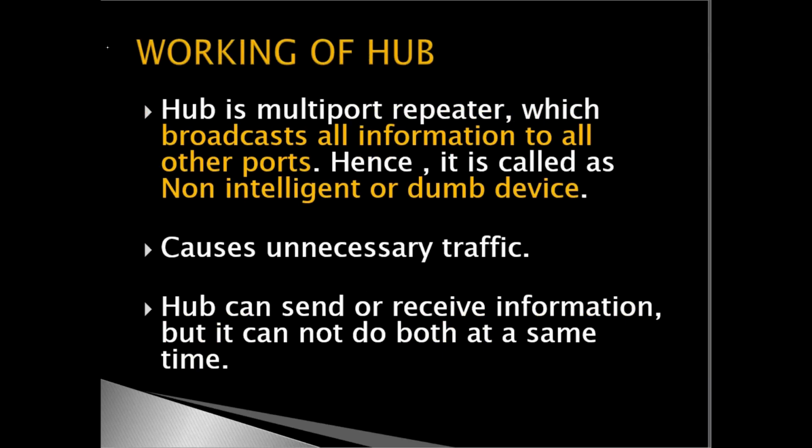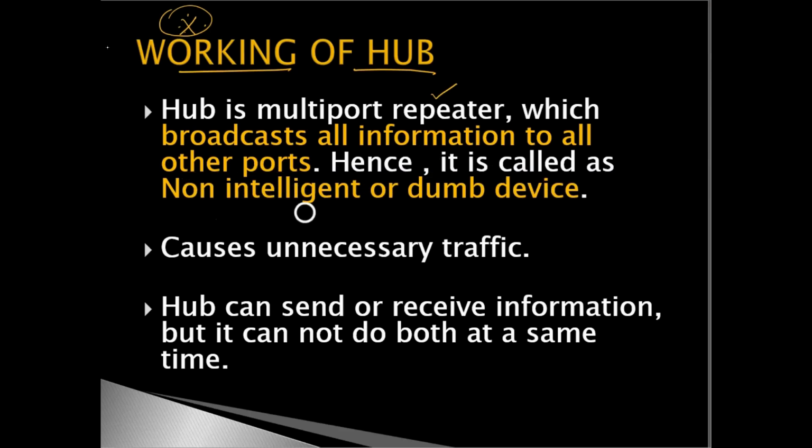Now, the working of hub is very important to know, and it is an important question in Computer Science class 12. This hub has multiple ports, and it is called a multiple port repeater, doing the repeater's role, which broadcasts all information to all the other ports.